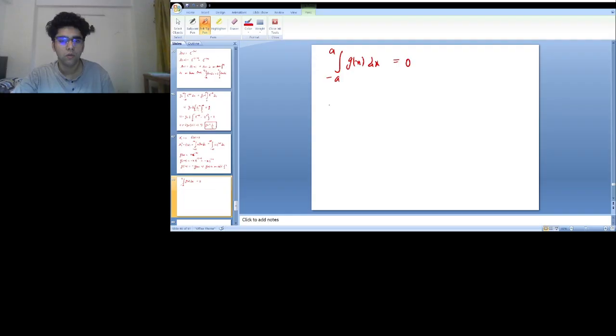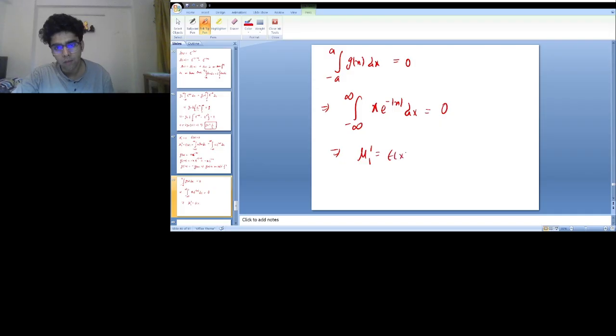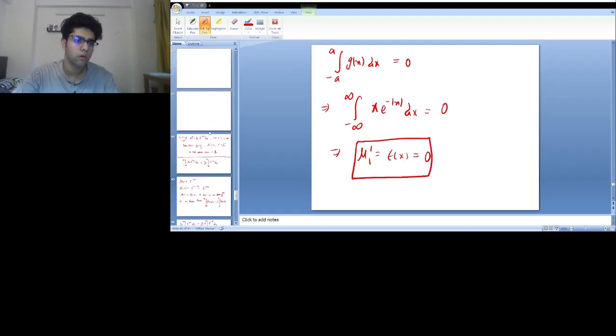This is the property of definite integrals. So the integral from minus infinity to infinity of x e to the power minus mod x dx is equal to 0. This implies that my first moment with respect to the origin, or my mean, the expected value of x, is equal to 0. We needed to prove this only.